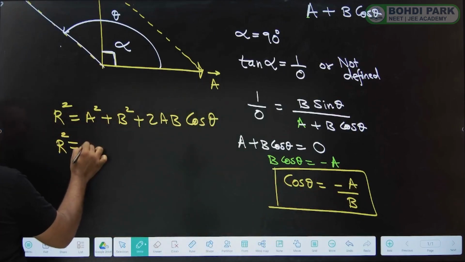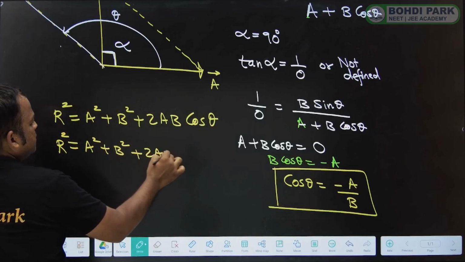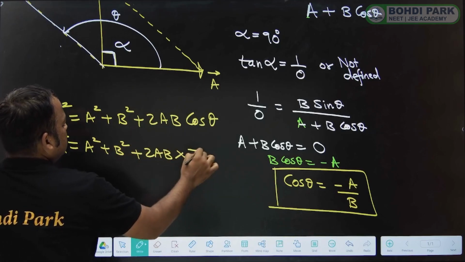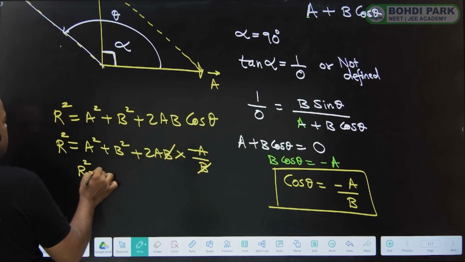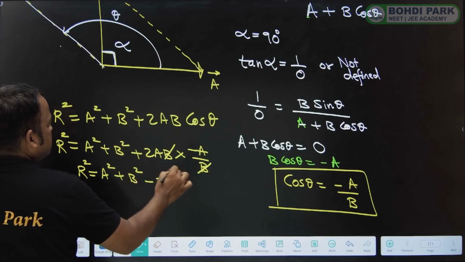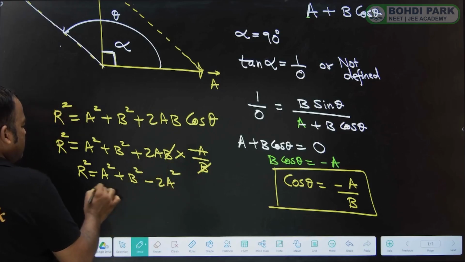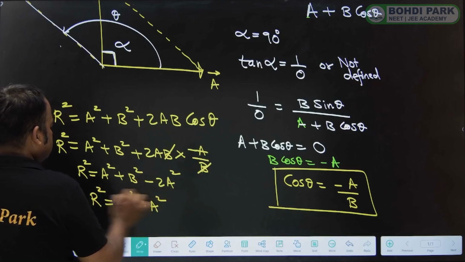So r square is equal to a square plus b square plus 2ab into minus a by b. So b and b cancel. So r square is equal to a square plus b square minus 2a square. So r square is equal to b square minus a square.